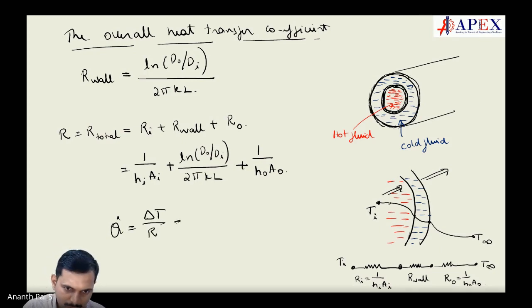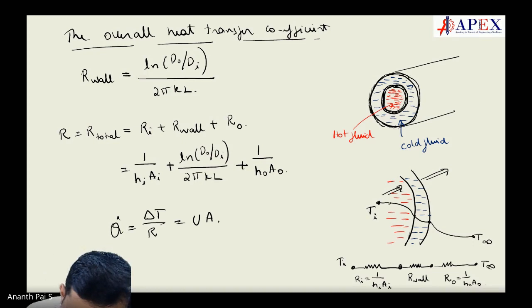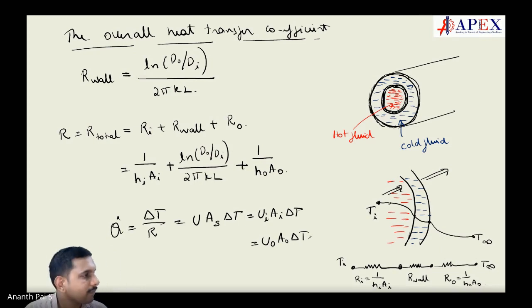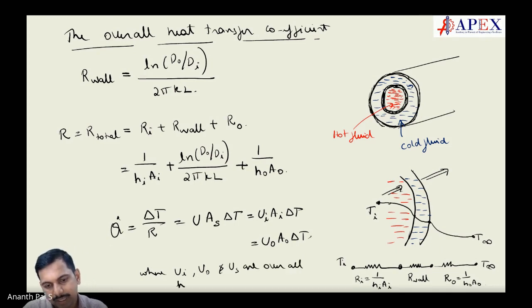Which can be equal to also U A of the surface, which can be any surface, into delta T. It can also be equal to Ui, overall heat transfer coefficient, Ai delta T, which can be equal to U naught A naught delta T, where Ui, U naught and Us are overall heat transfer coefficients. Makes sense.